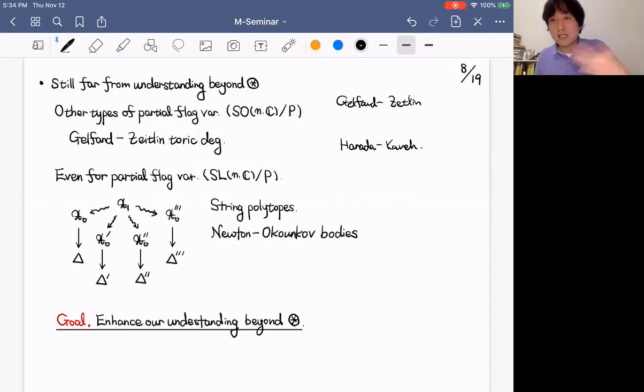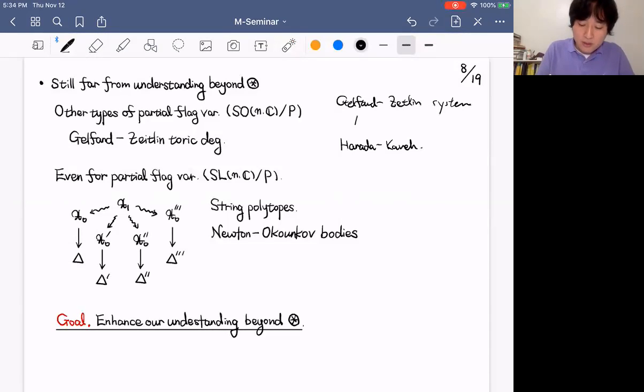I already explained the idea of the Gelfand-Zetlin construction: we think of a successive chain of closed subgroups of the Lie group, think about the orbits, and collect them. Then we can construct a certain explicit completely integrable system.